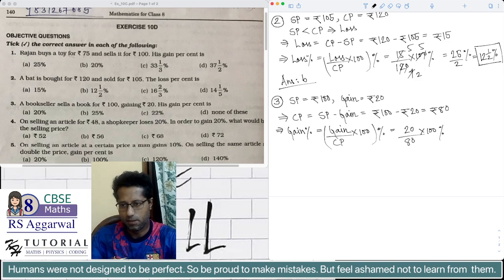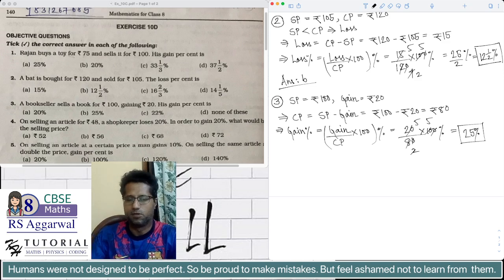After simplification, it becomes 25. So the gain percent is 25, and hence the correct choice is B. B is the correct choice.